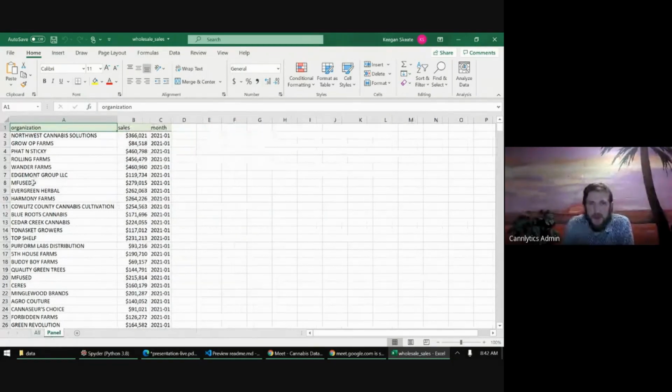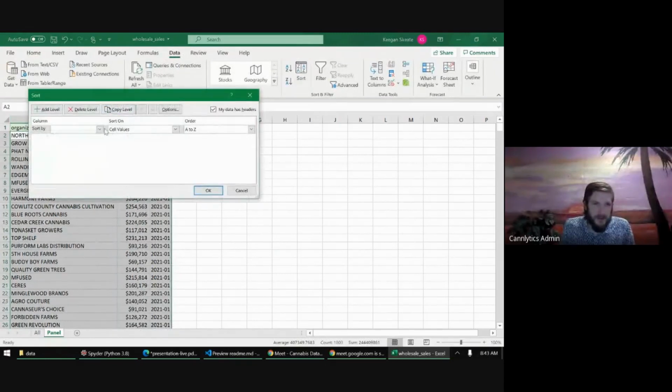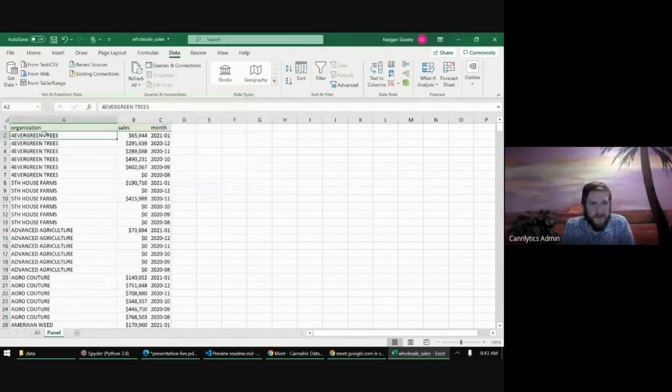This is what you would consider panel data, where you have your organization, their sales, and their month. You'll have each organization and their sales by month.